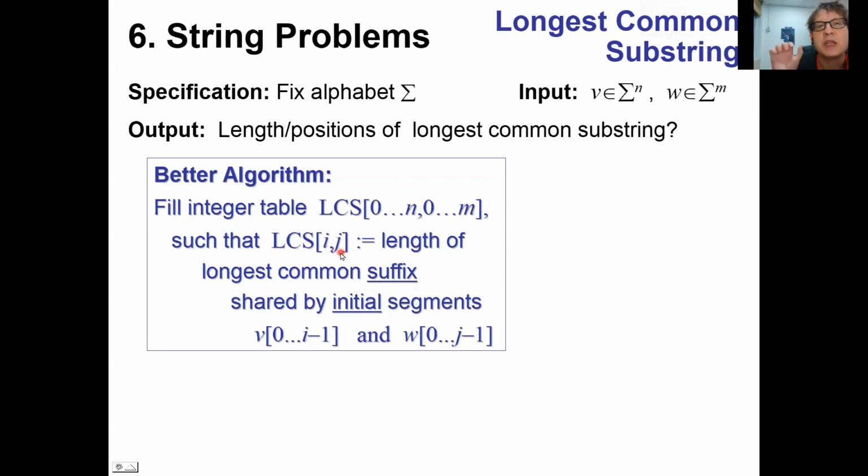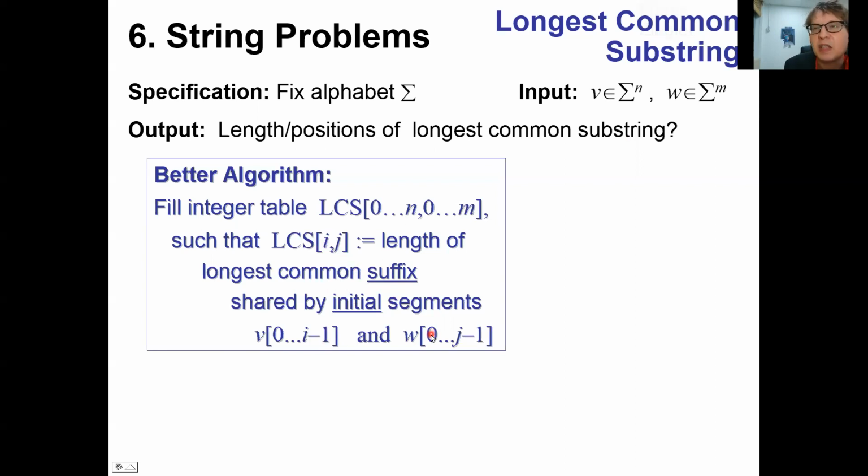The longest common substring may start somewhere and may end somewhere. The longest common suffix must start somewhere, but run until the end. But the trick is to consider all possible ends in this table, and considering all possible endings of the longest common substring means considering all common suffixes up to the position I, j of the initial segments.